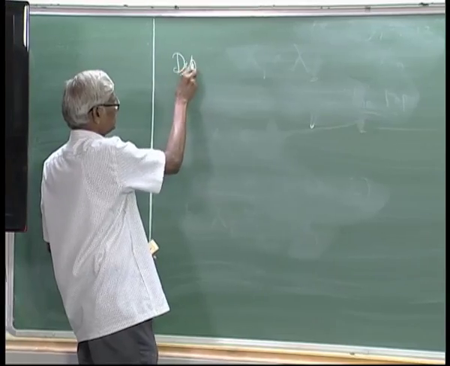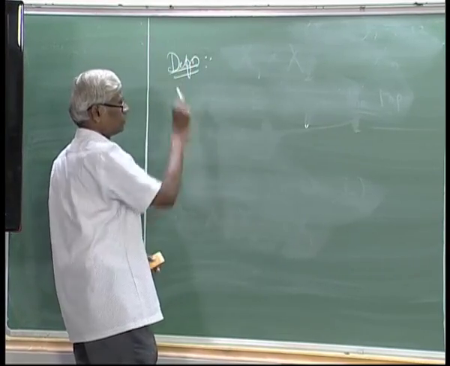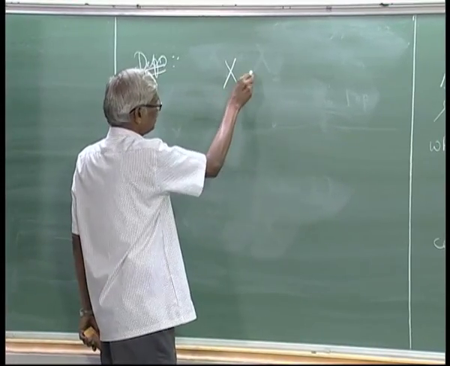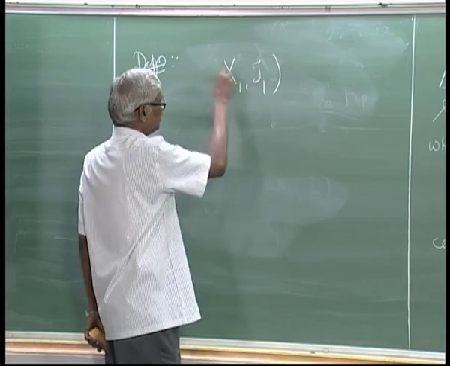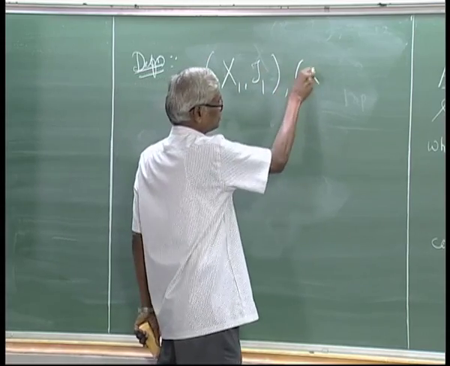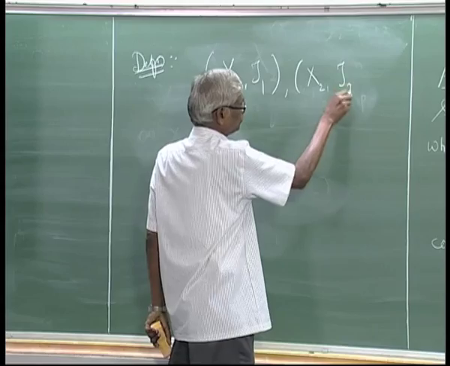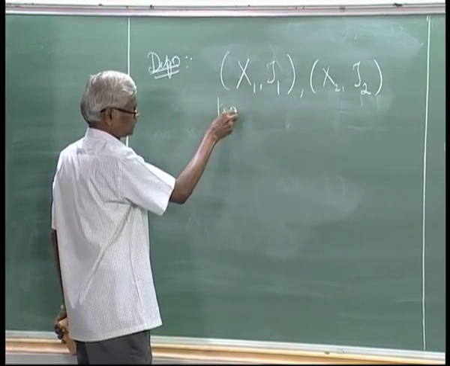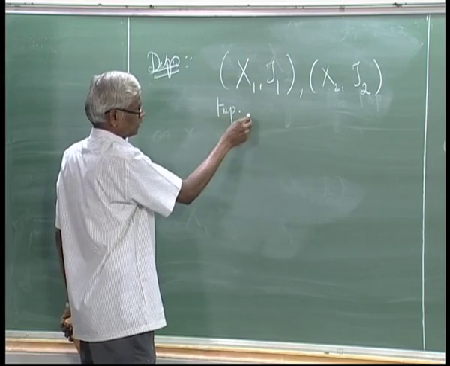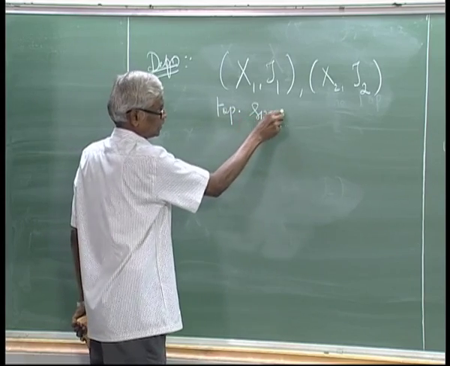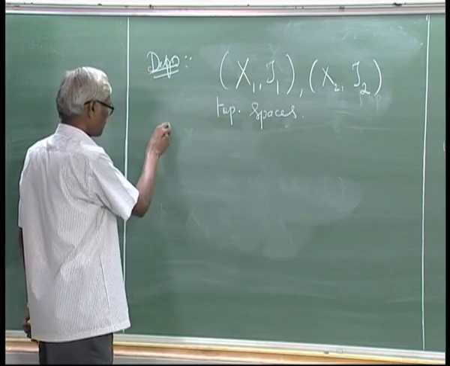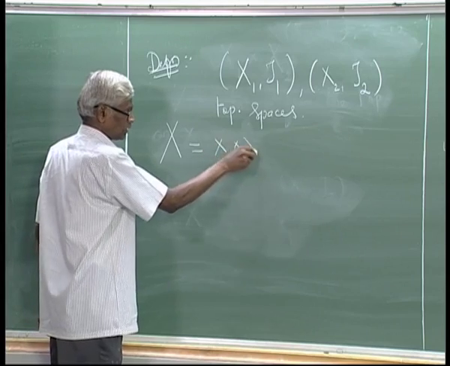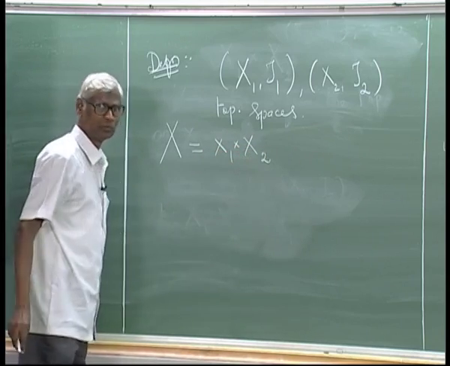So, the definition. First let us see it for 2. Given (X1, tau 1) and (X2, tau 2) topological spaces, we call capital X equal to X1 cross X2.